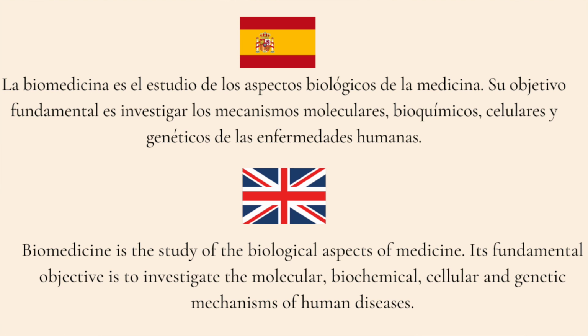To do it, it analyzes cellular, genetic, molecular, and biochemical factors of the human body and the diseases that it can suffer from. Looking at this definition, biomedicine looks into the biological and chemical part, but the purpose of biomedical engineering is to make people's lives better, from the point of view of physics.